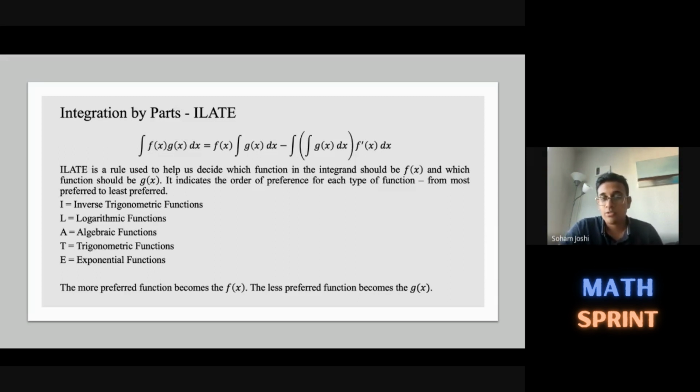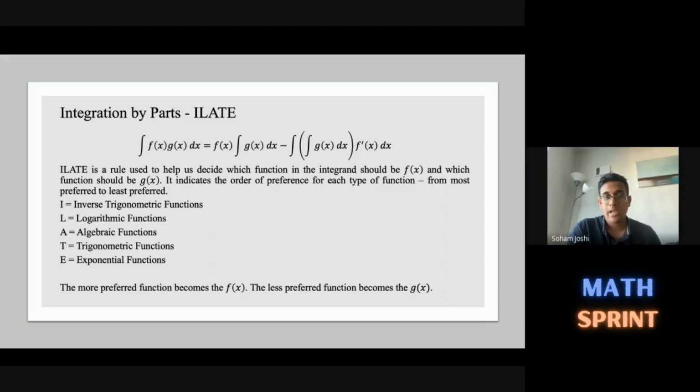But suppose we have to integrate, say, an algebraic function and a trigonometric function. Algebraic functions are higher in ILATE order than trigonometric functions. That is, A comes before T in that order. So we take f of x to be the algebraic function and g of x to be the trigonometric function.